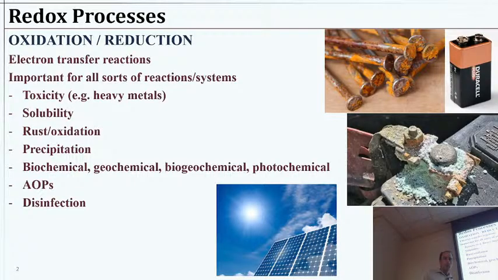Of course, rust and oxidation, got some examples here. Rust, on something that contains iron, is iron oxides forming. We had some flat surface of iron, and then oxygen starts reacting from the environment, and many metals, when oxidized, give you iron oxides.